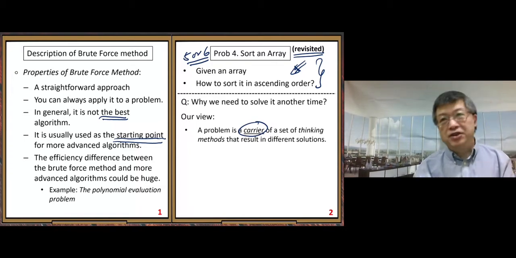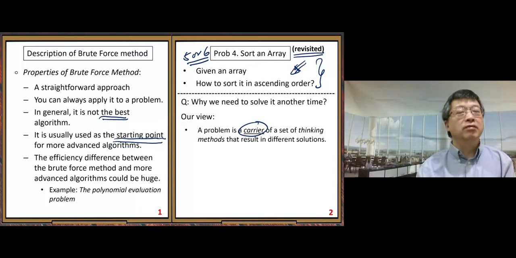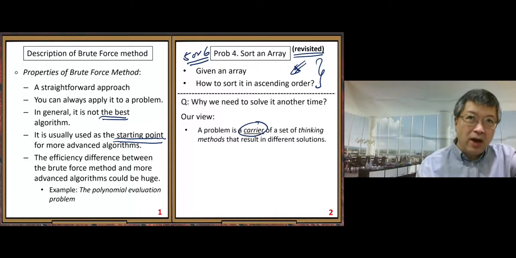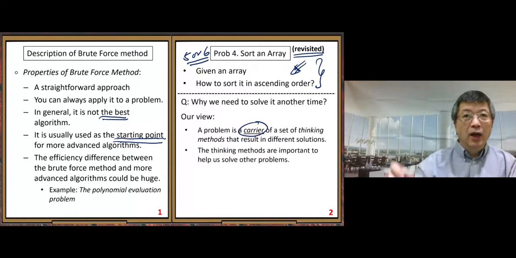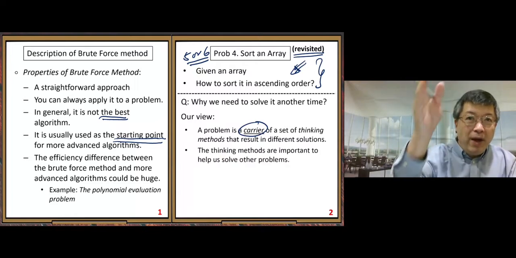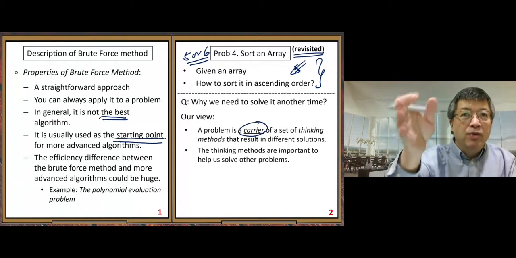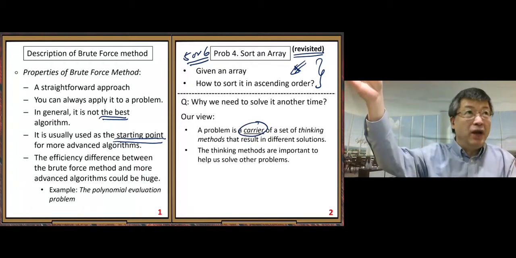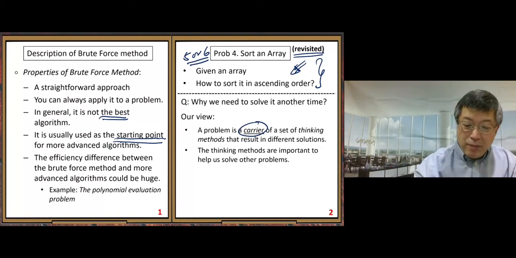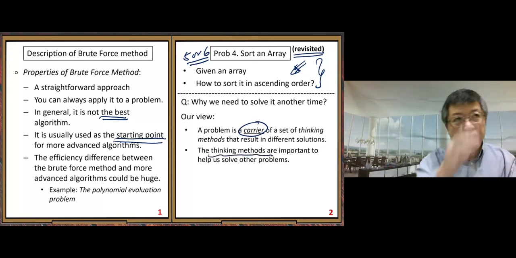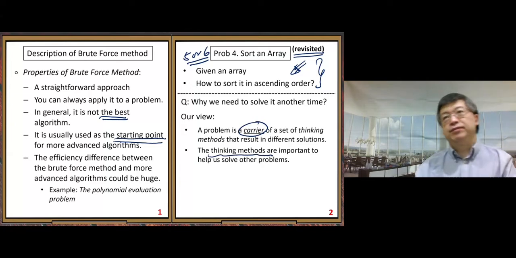That's the value. That's the reason we solve the same computing problem many, many times. The thinking methods are important to help you solve other problems. All these methods will become your experience.